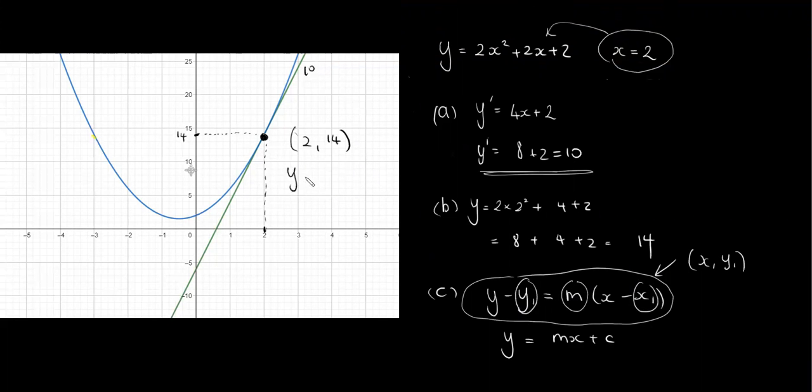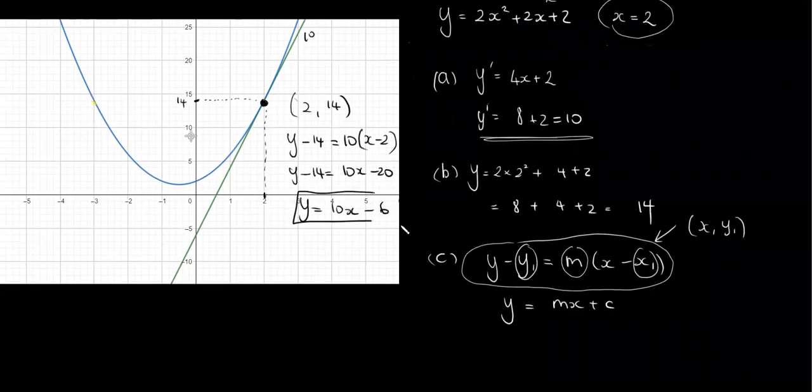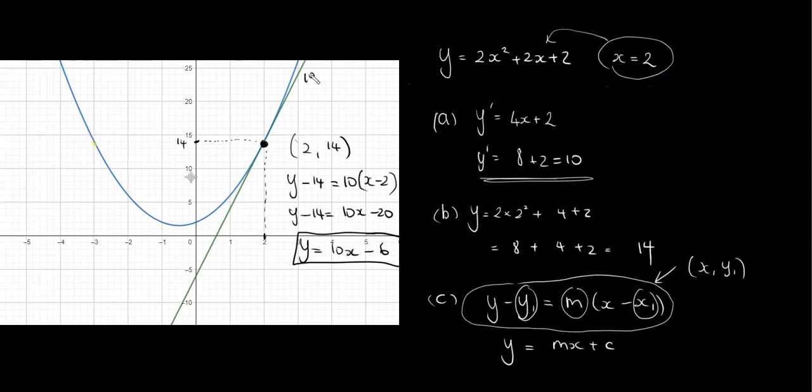So if we simply plug in y minus 14 equals 10, that's the gradient, bracket x minus 2, and we simply expand them out. That's 10x minus 20, so you move the 14 to the other side, y equals 10x minus 6. So that's the equation that describes this line.